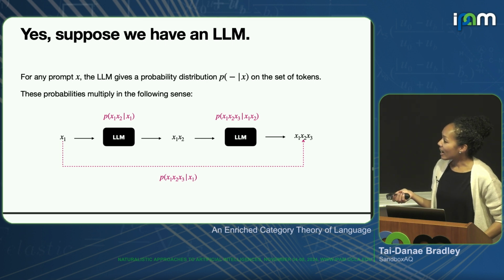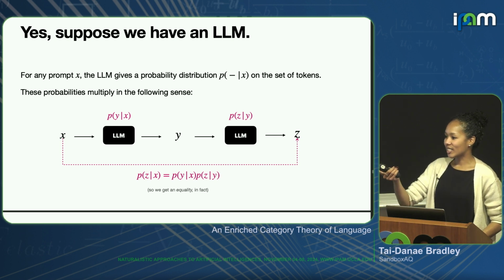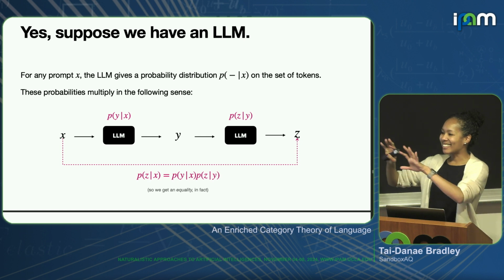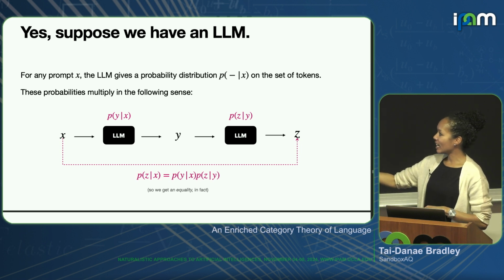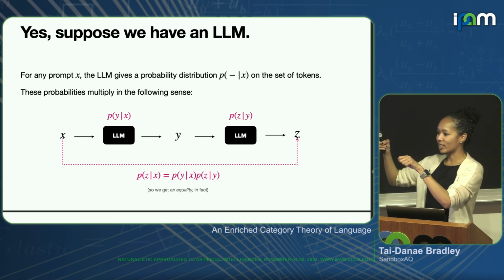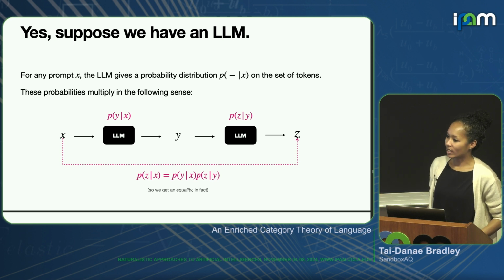Now, in general, I have a string X, and now I think of Y, which is going to answer the question you had earlier. If I think of Y as extending X by adding one token on the right, and Z as extending Y by one token on the right, then the probability of Z given X is exactly the product of the intermediate ones.